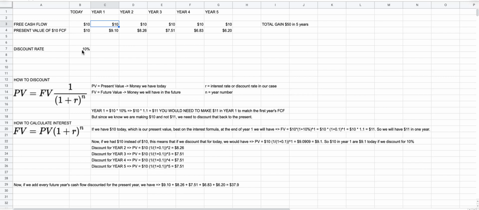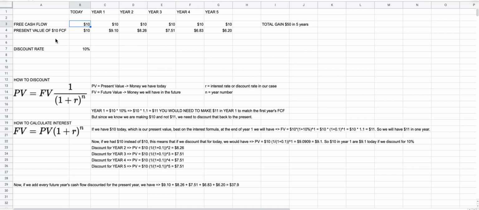It's the discount rate, 0.1, 10%. And then it's raised to the power of n, being the year number. So we're taking a look at year 1. If we do this calculation, we're getting that the present value of our future value of $10 in year 1, today, would be discounted to $9.09.